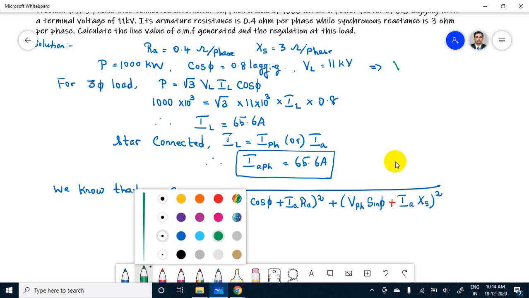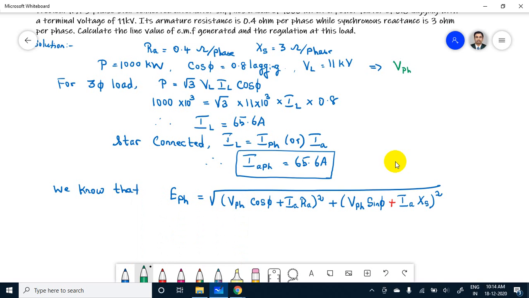V phase is equal to line voltage divided by root 3. So substitute it: 11 into 10 power 3 divided by root 3.